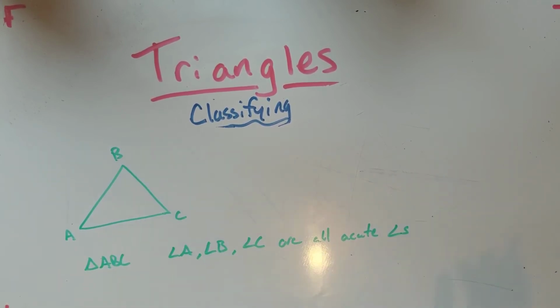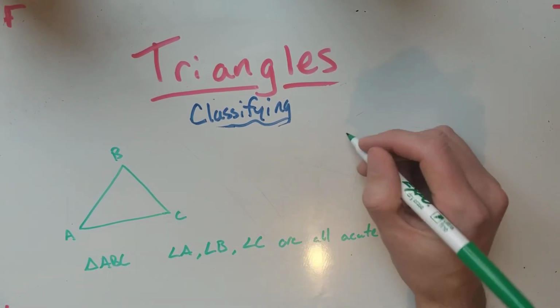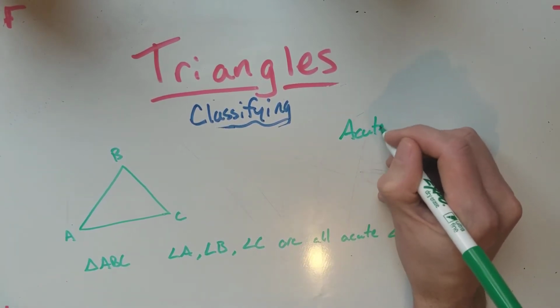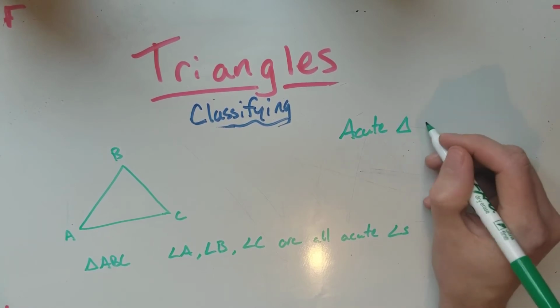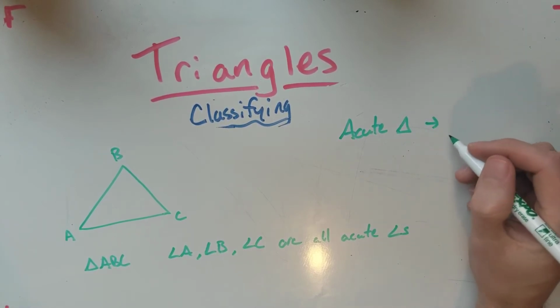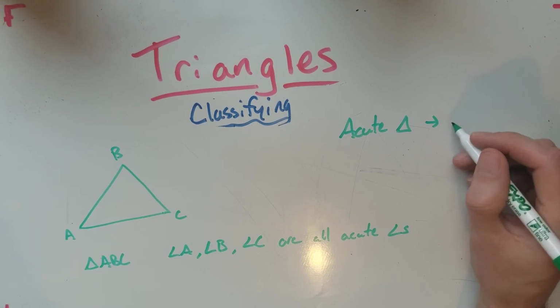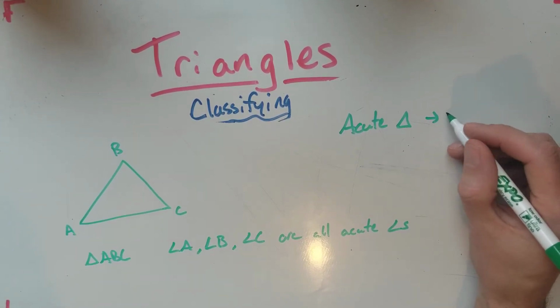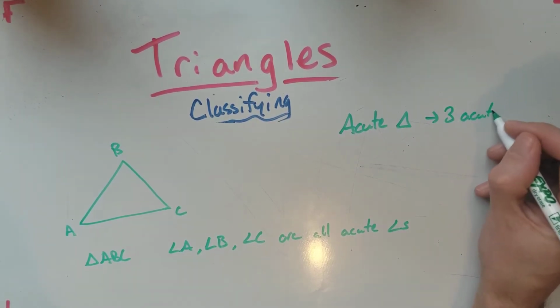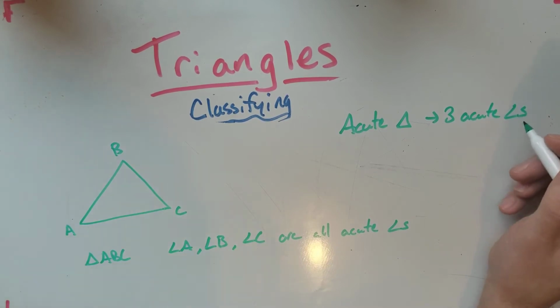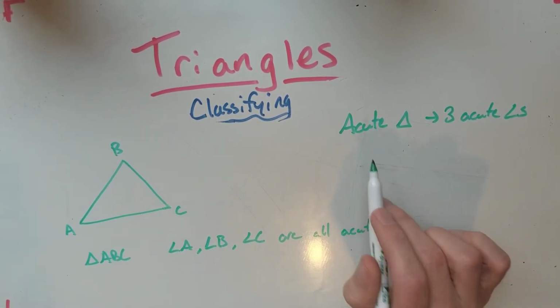Each one of them is acute, or less than 90. That would make this what we call an acute triangle. An acute triangle, you have all angles less than 90. So you're going to have 3 acute angles. That's our first way to classify.